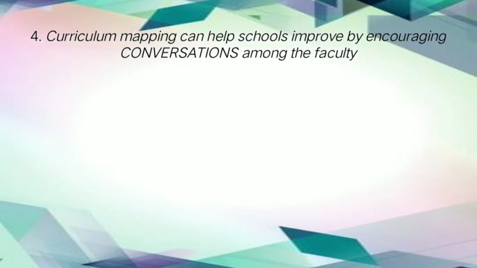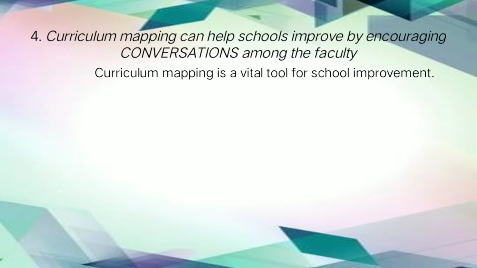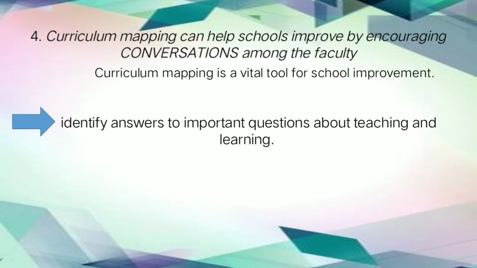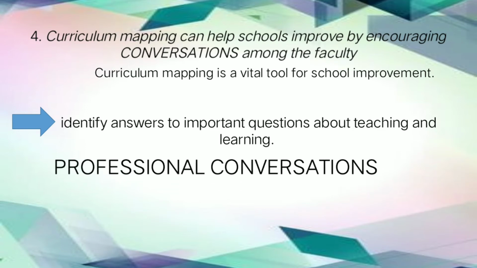And the fourth one is curriculum mapping can help schools improve by encouraging conversation among the faculty. So curriculum mapping is a vital tool for school improvement, and we identify answers to important questions about teaching and learning. So we're going to have professional conversations.